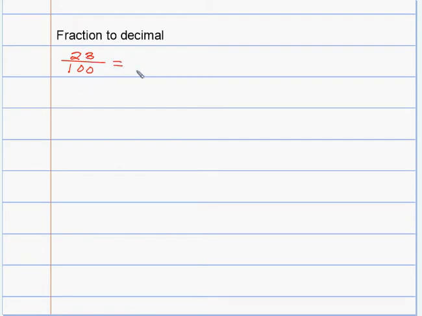So 23 hundredths, you know that as 0 decimal 2 3, because this would be the tenths and the hundredths. Likewise, 7 out of 10 would be decimal point 7. So if you have a power of 10 in the denominator, those are going to be really simple for you to make from fraction to decimal.